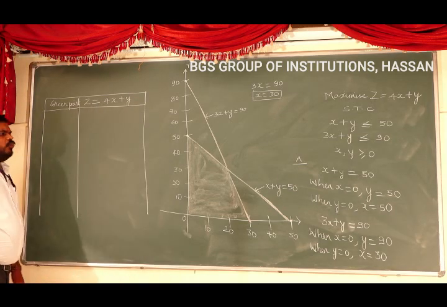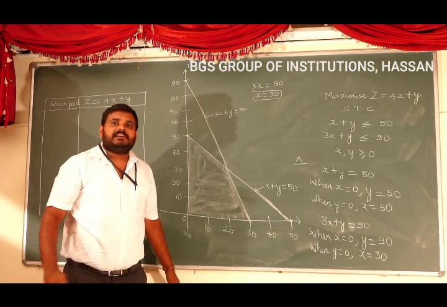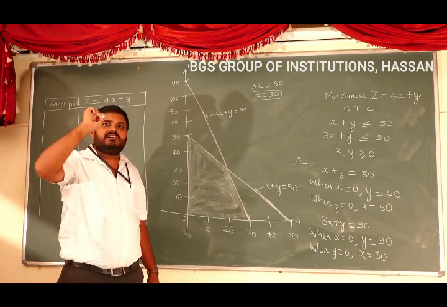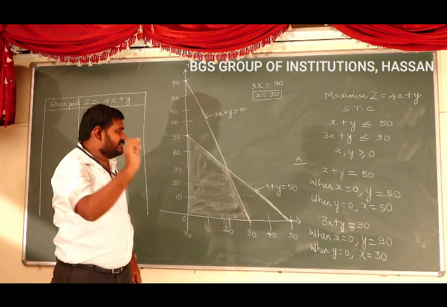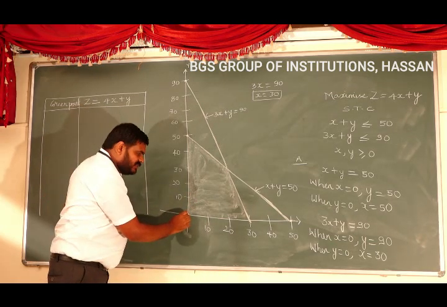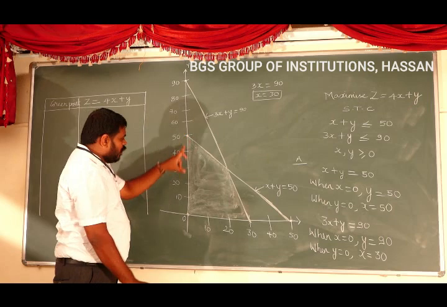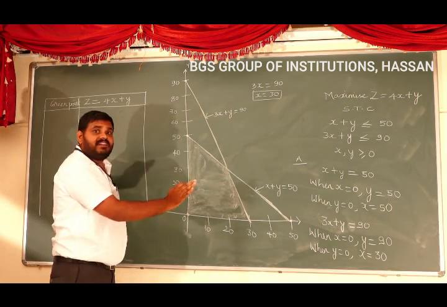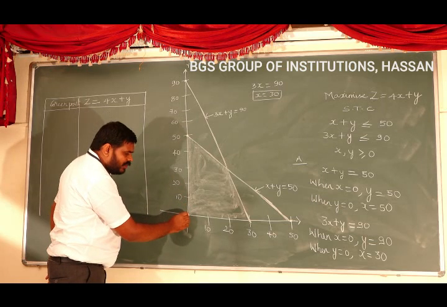Now, what do you mean by the corner point? The corner points are nothing but the corners of the common region over there. What is the common region? This is the common region, and there are 4 corner points covering that common region. This is one corner point.